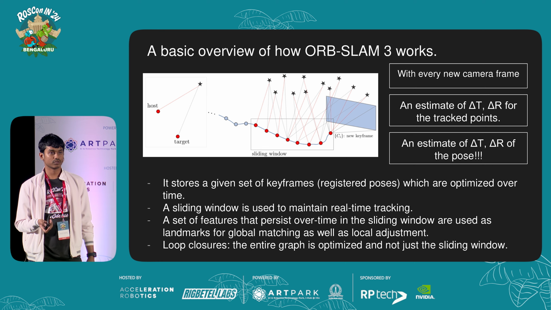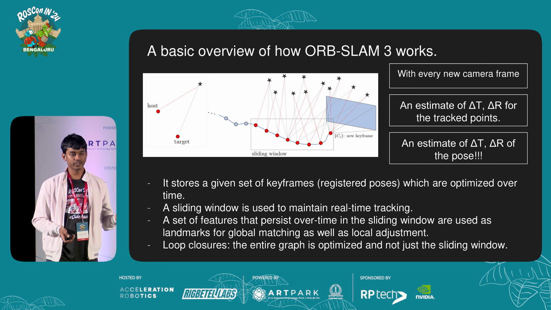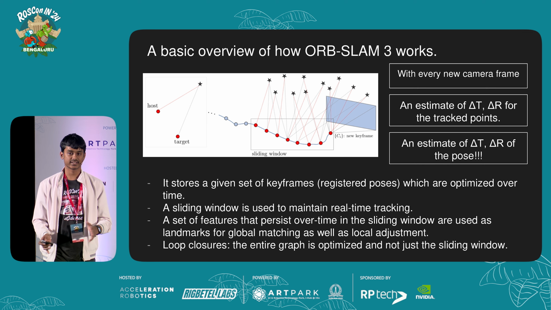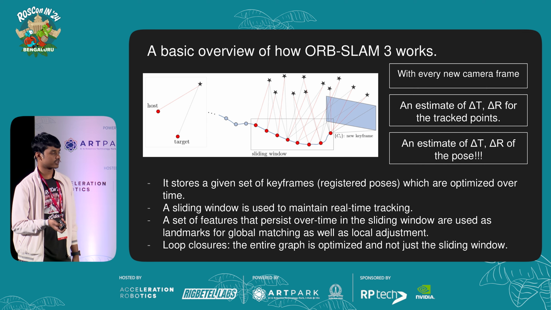Now, there are a few things to note here. The features that last over a couple of frames or even a bunch of frames are marked in memory as landmarks, and every few frames, OpsLam 3 decides that, okay, I want to use this frame as a keyframe. And these keyframes are also stored in memory, which help with localization.